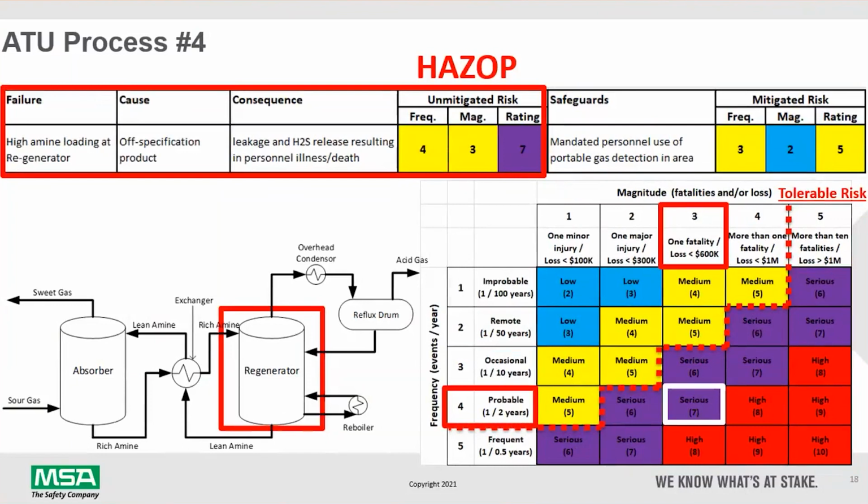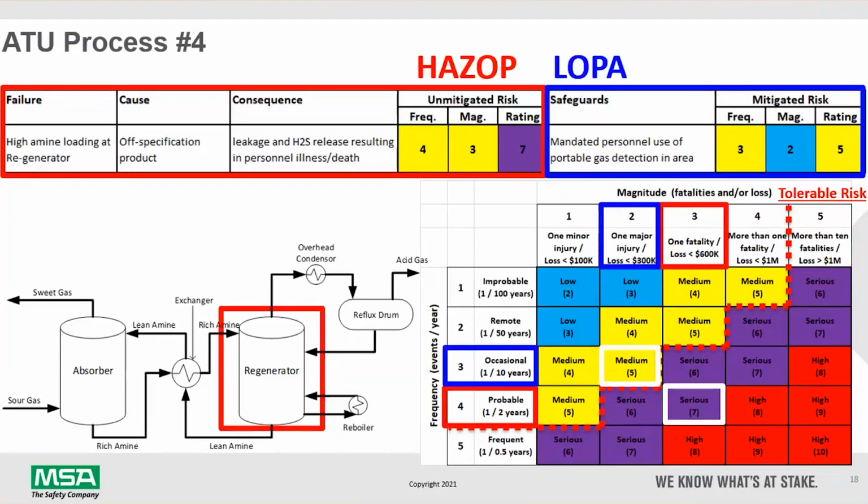And that is, again, beyond our tolerable risk. So what might we do in order to drive to a better state? We may have a safeguard in this instance of mandating personnel in that area to make use of portable gas detection. And that would drive us into the medium range and again above our tolerable risk threshold.